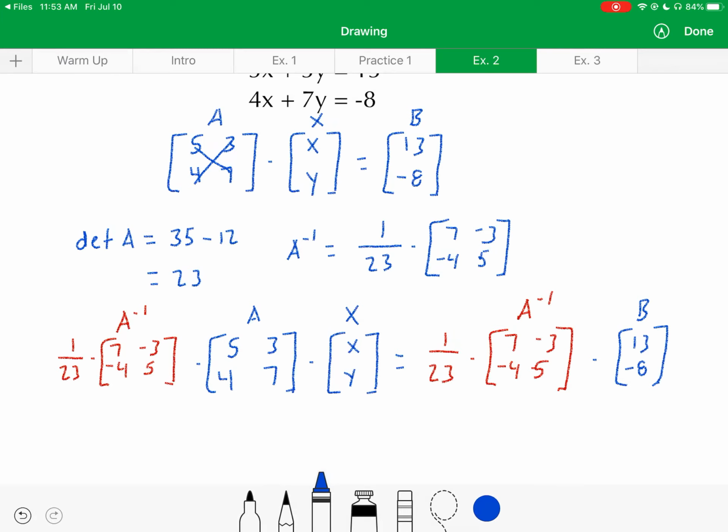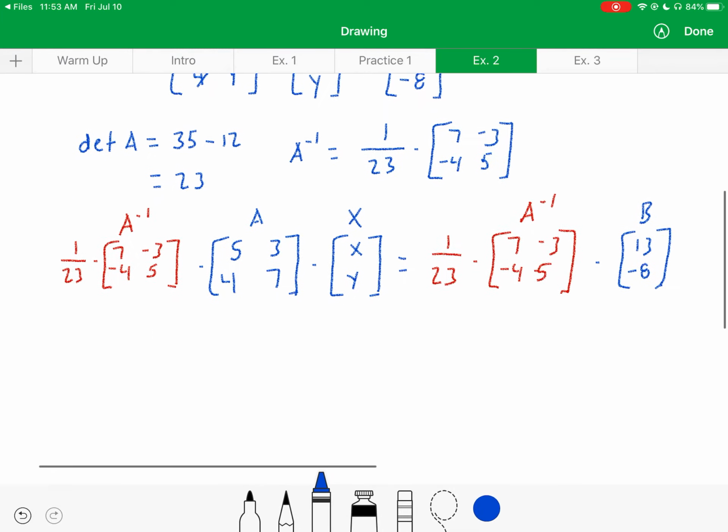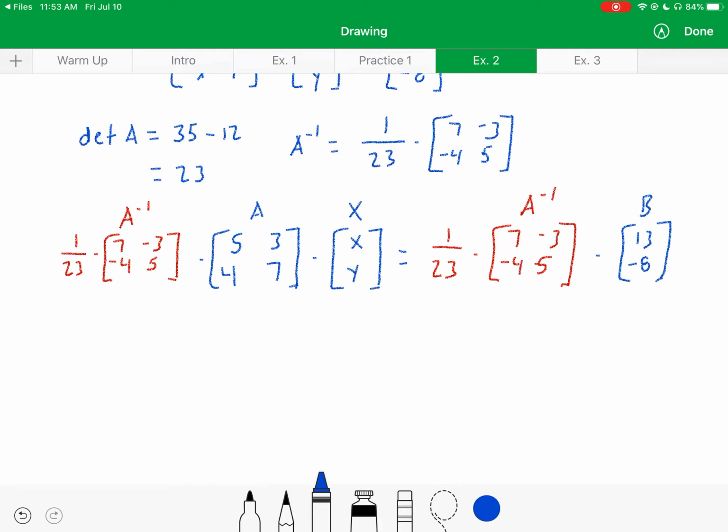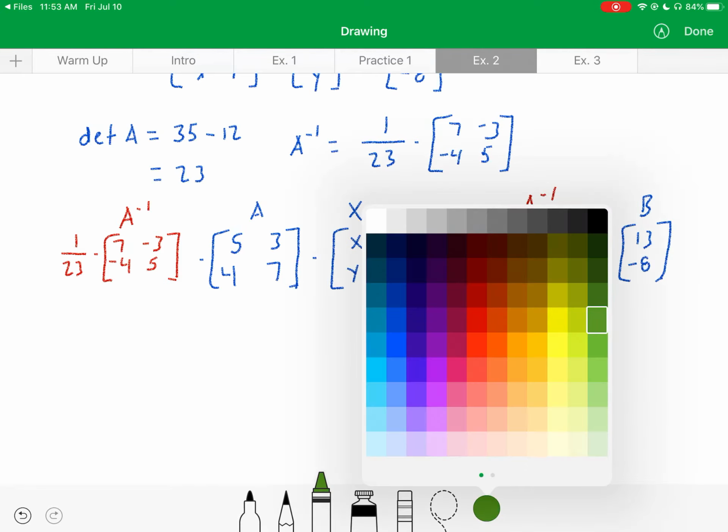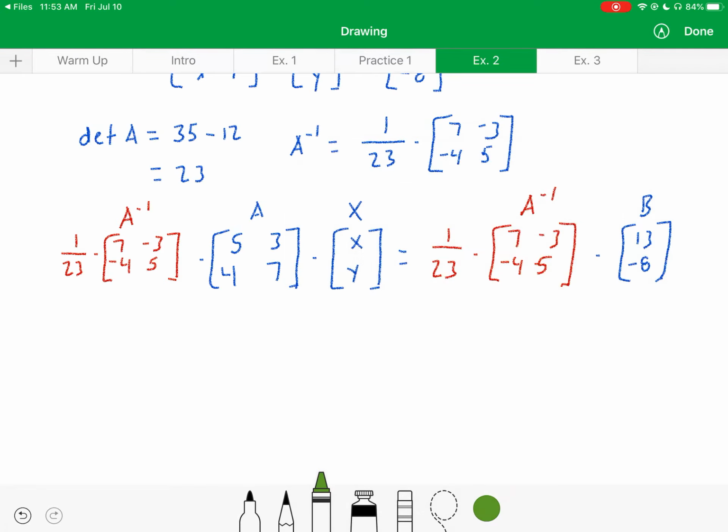All right. Now, provided I have found the inverse correctly, I know that the inverse of matrix A multiplied by matrix A is going to result in the identity matrix. Right? These two will come together to create that identity matrix.